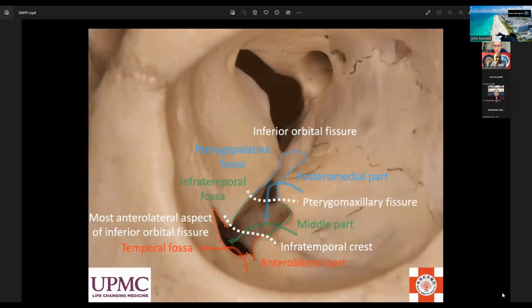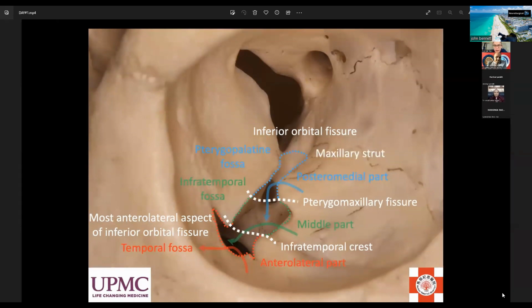The boundary between the middle part and the posterior part is the pterygomaxillary fissure. So the middle part is from the infratemporal crest to the pterygomaxillary fissure, and the posteromedial part is from the pterygomaxillary fissure to the maxillary strut.